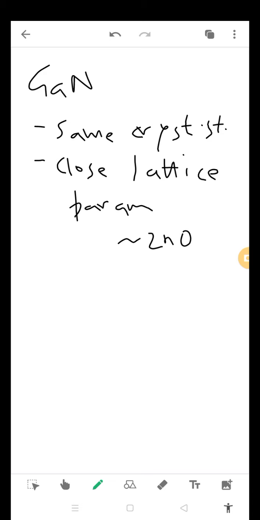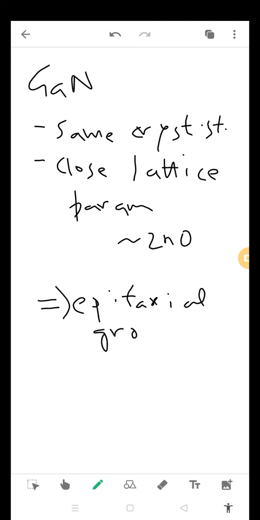So this actually leads to epitaxial growth between zinc oxide and gallium nitride, and epitaxial growth is possible.